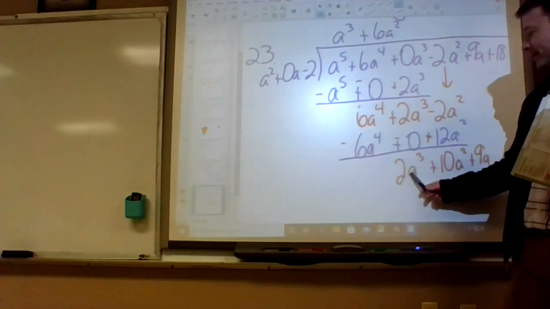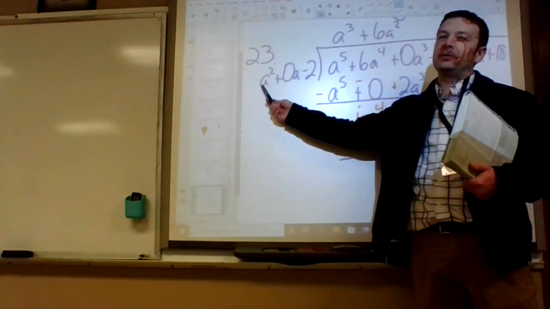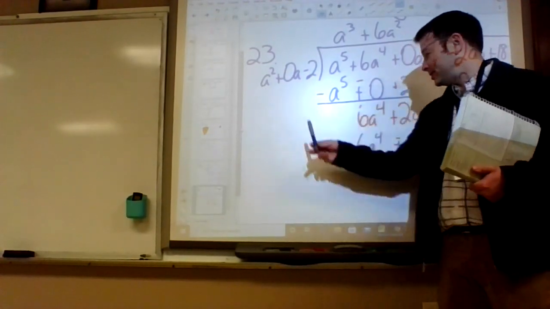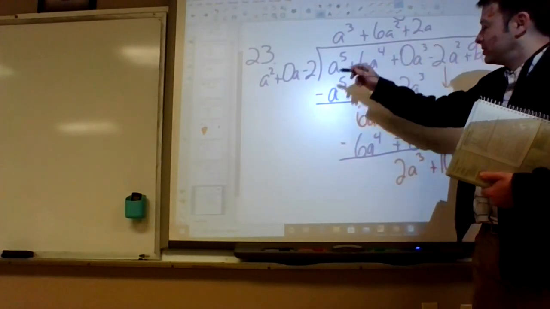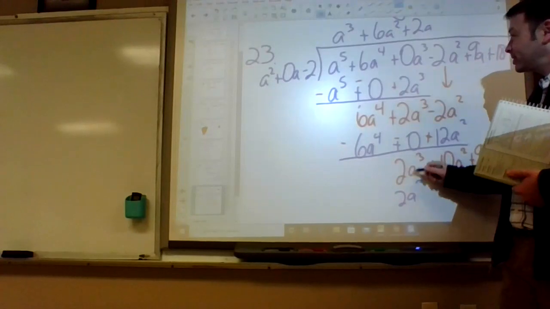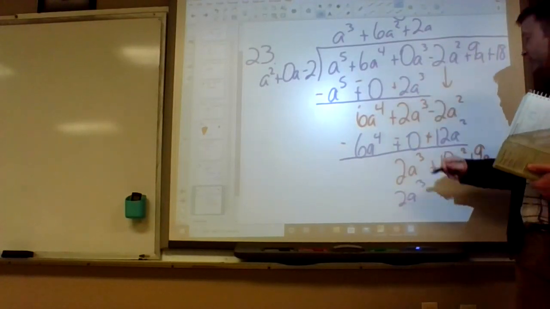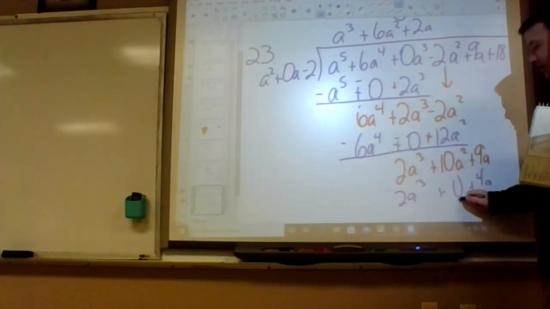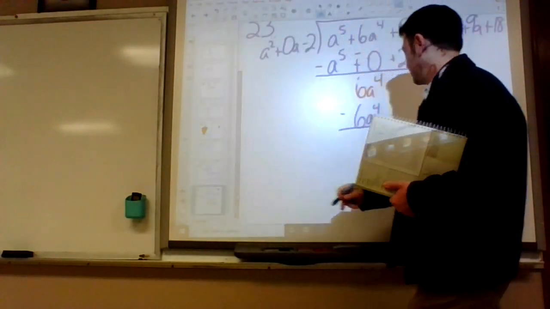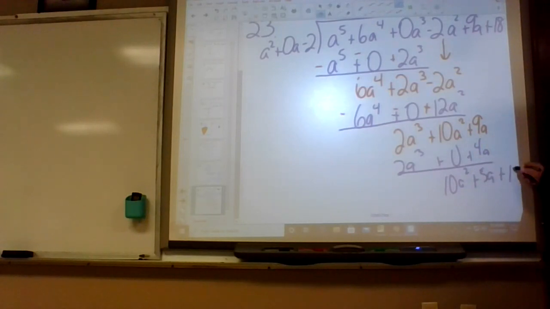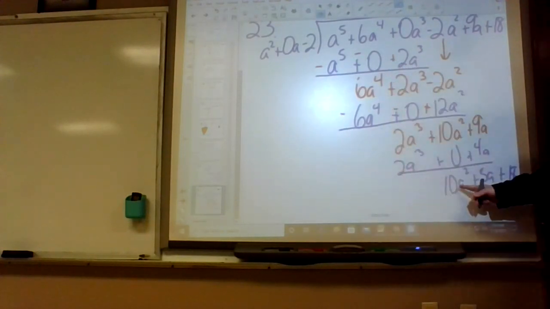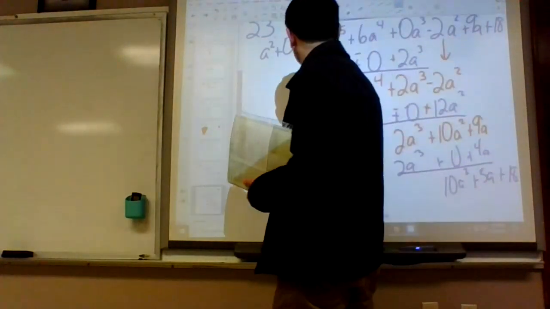Alright, you got the lines yet? A squared, I'm gonna speed up. Sorry guys, I'm gonna leave you behind. A squared times what equals 2a cubed? It's 2a times 1, plus 0, plus 4a. Subtract down, gone. Bring down the plus 18, start over. A squared times what equals 10a squared?